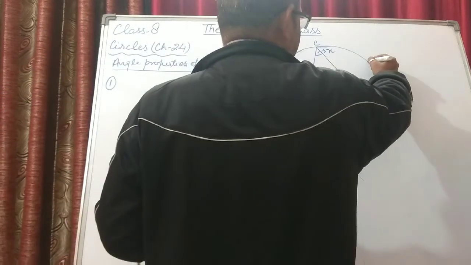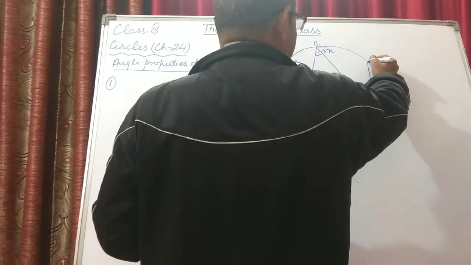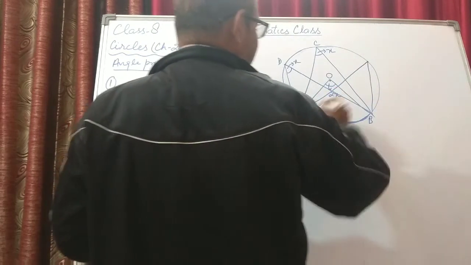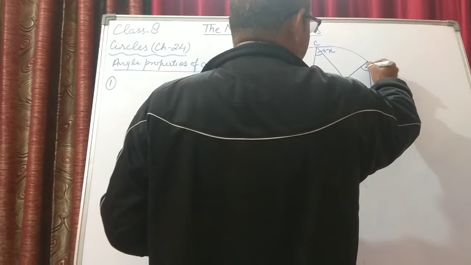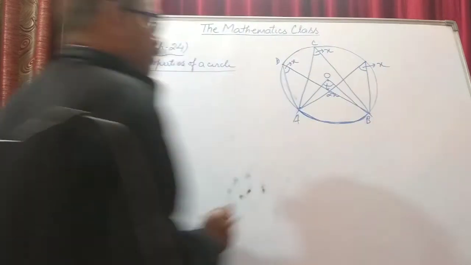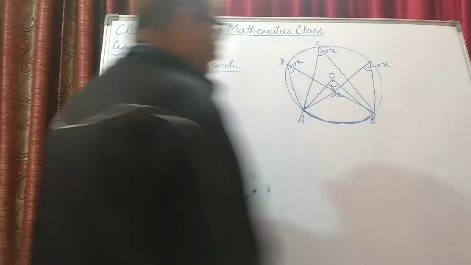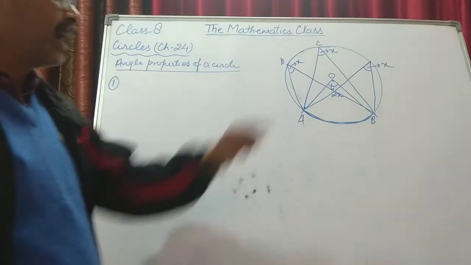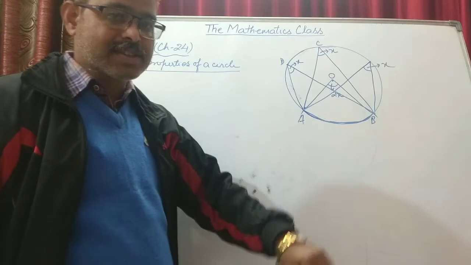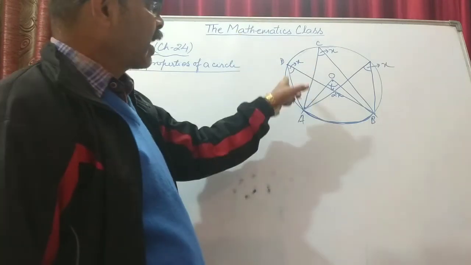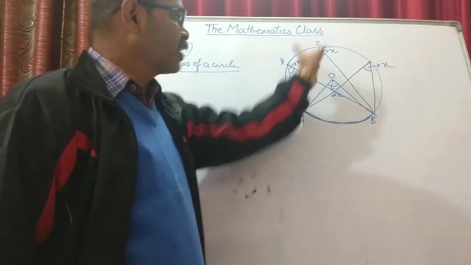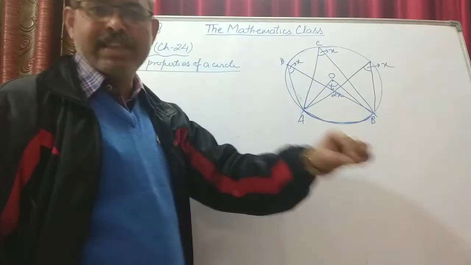Similarly, if I draw an angle at this point with the same arc, this also will be x. So the first rule is that the angle made by an arc at the center is twice as compared to the angle made on the rest of the circle by the same arc.